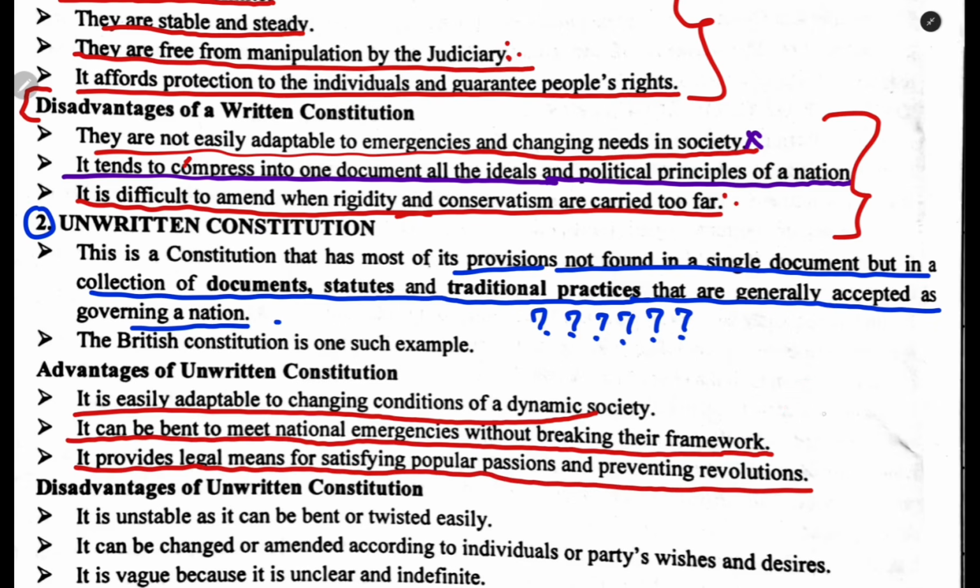So in case we have a problem, let's say youth unemployment, this one can meet the demand, a means of satisfying the people and preventing revolution, of course. So these are some of the advantages of the unwritten kind of constitution.